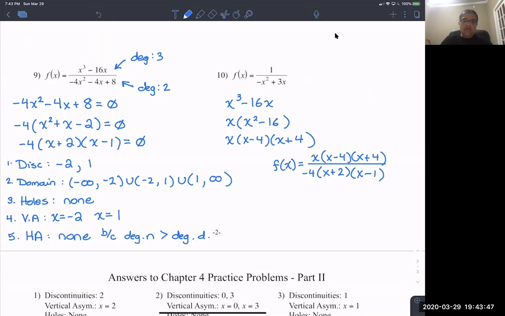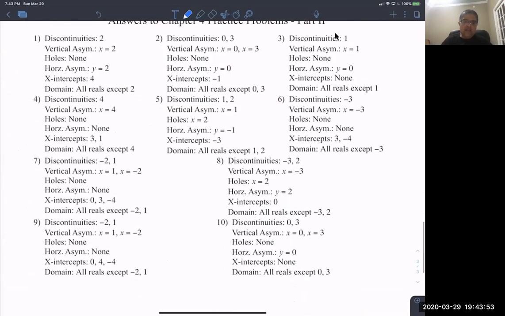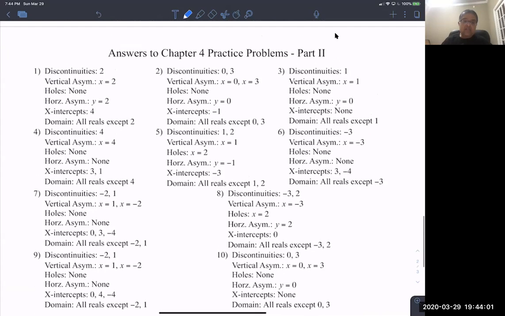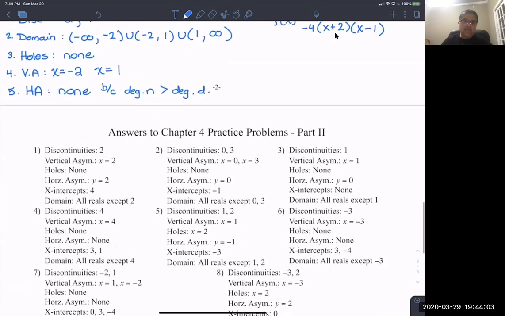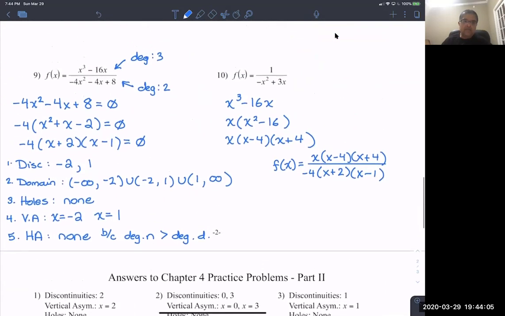So I've given you quite a few practice problems that you can do and visualize. And I did also provide the answers for the practice problems, not for all of the study guides though, okay? It does give you the x-intercepts, but I'm not going to ask you to find the x-intercepts, okay?